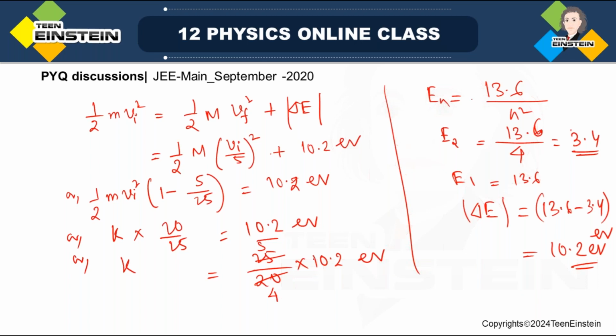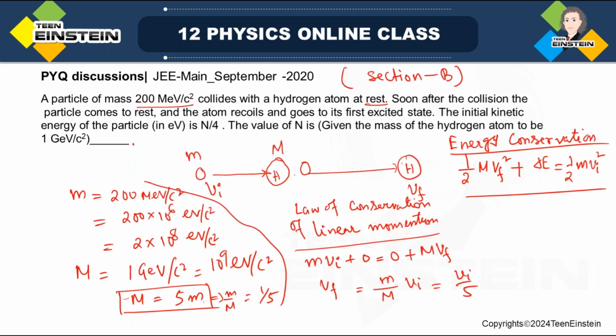Okay, let me check what is the problem here. 5 by 5, this is all right.